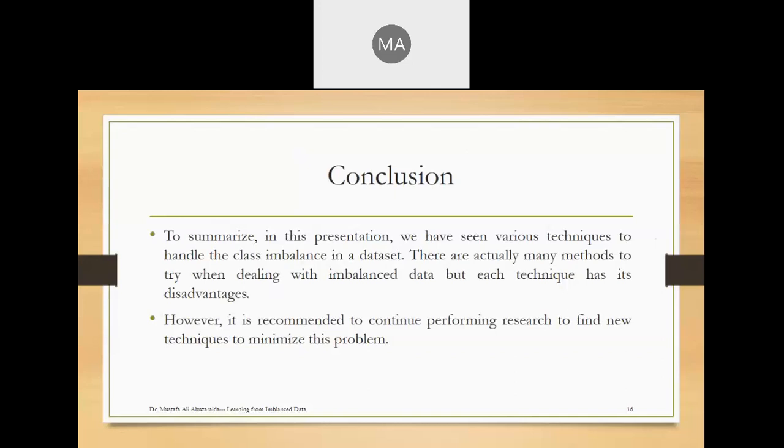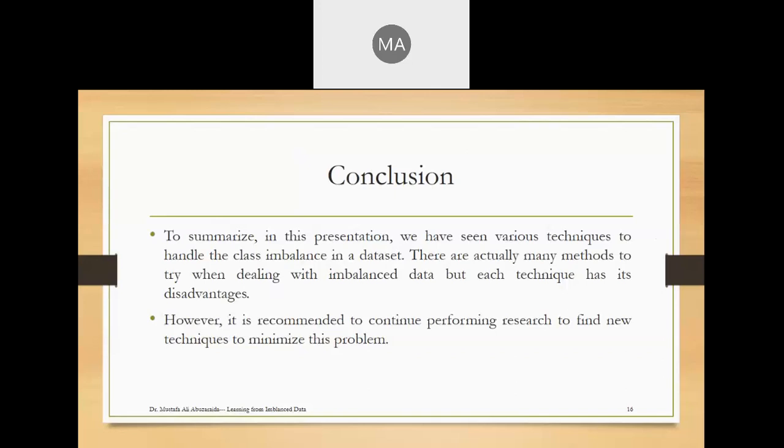To summarize, in this presentation we have seen various techniques to handle class imbalance in datasets. There are many methods to try when dealing with imbalanced data, but each technique has its drawbacks and disadvantages. However, it's recommended to continue performing research to find new techniques to minimize this problem.